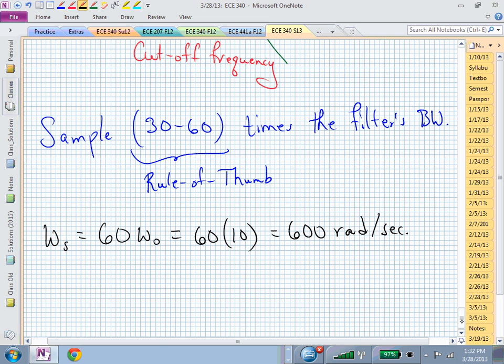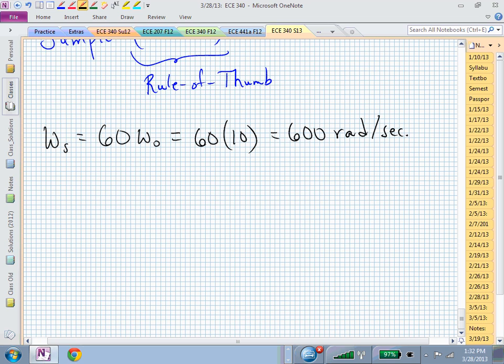And now I want to translate that into how fine do I chop up my axis. And this is what I just commented on. You know that omega sub s is 2 pi f sub s. That's your sampling frequency in hertz. Somebody might say, oh, I'm sampling at 10 kilohertz. Well, that's what this f sub s represents. They usually don't tell you the sampling frequency in omega sub s. How fast do you sample in a digital audio system?